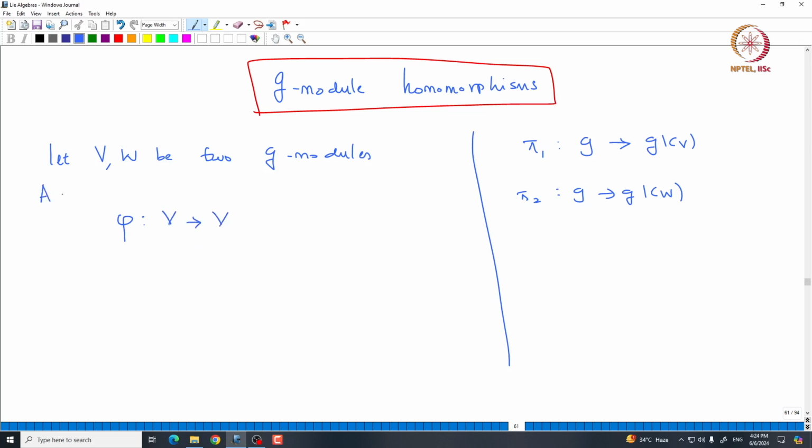A G module map or G module homomorphism is a C-linear map that satisfies the following condition.